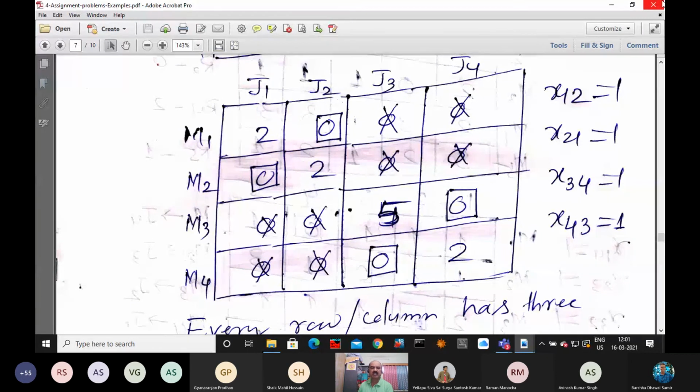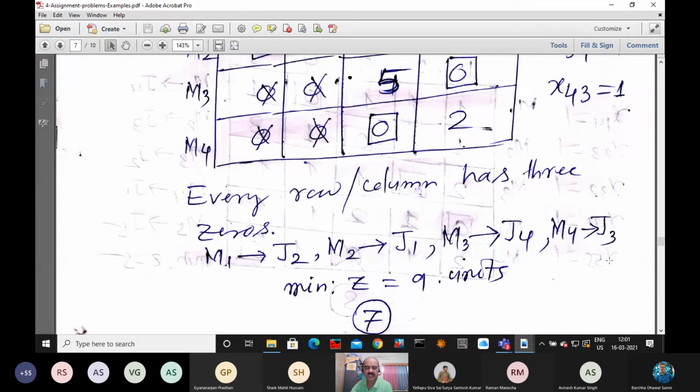Similarly, the first column has 3 zeros, the second column has 3 zeros, the third column also has 3 zeros, and the fourth column has 3 zeros. So if this is the case, we find here the optimal assignment.